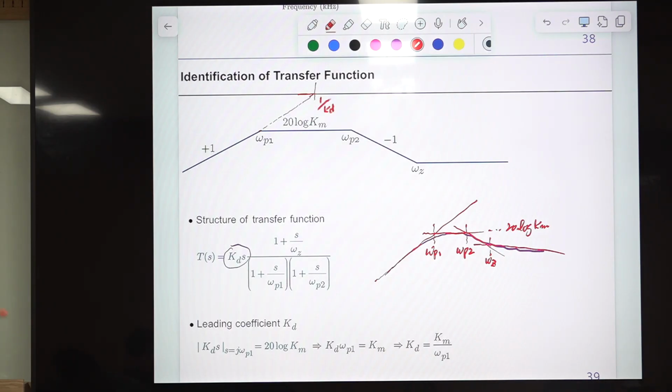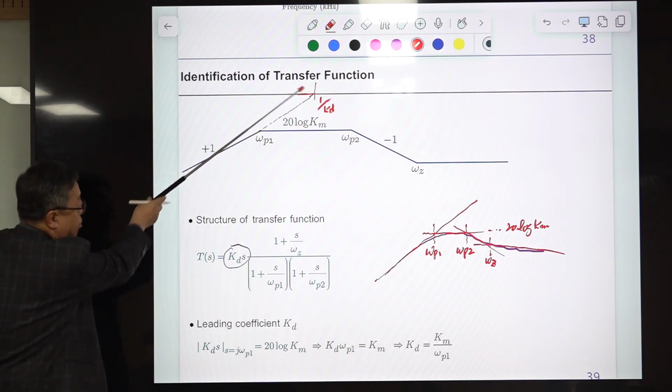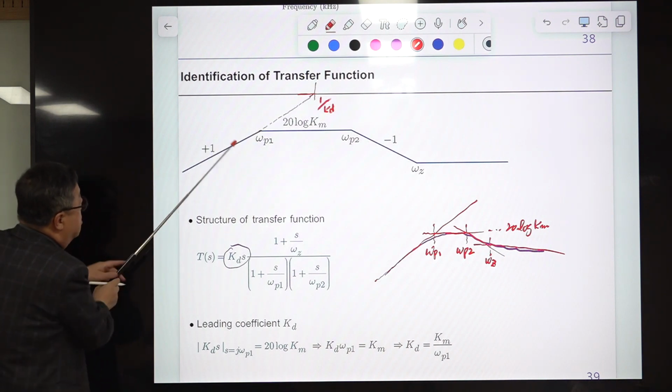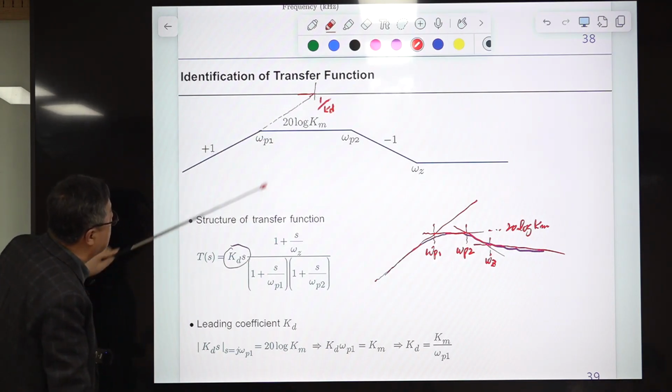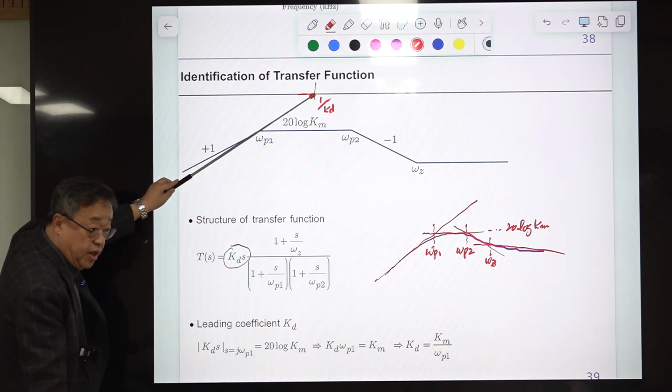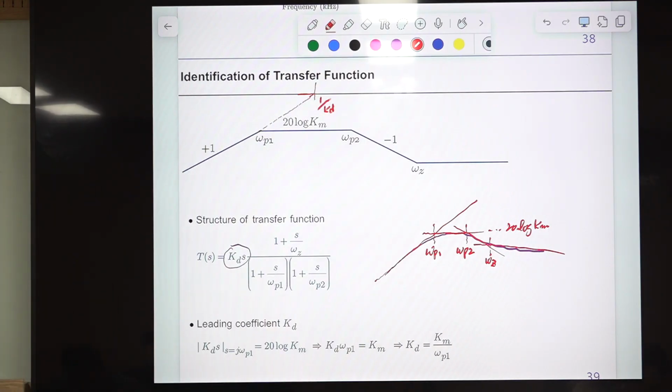Okay, so this is the first factor of your transfer function. This factor is generating this. If you apply 1 over KD here, this becomes 1. That is the 0 dB line. So the line segment crossing the 0 dB line offers the value of this.